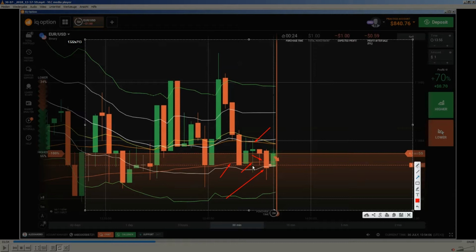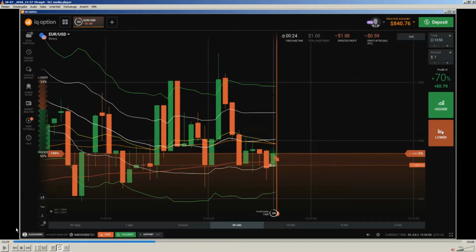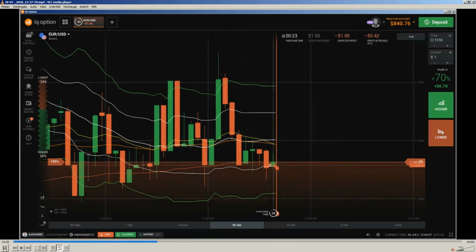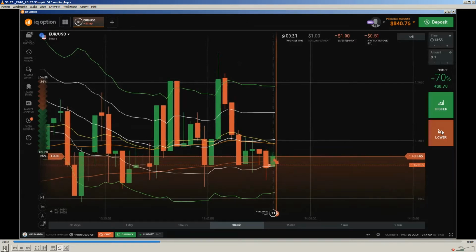You will use this support level, the 100 EMA was here, support, and now this support level will act as resistance because this candle here broke through this. And that's the reason why I entered immediately into a put to get the entry point as close as possible to this 100 EMA.